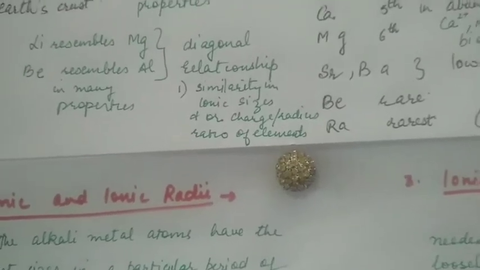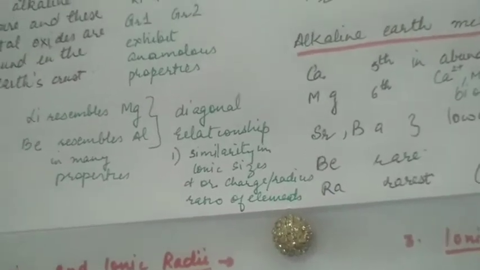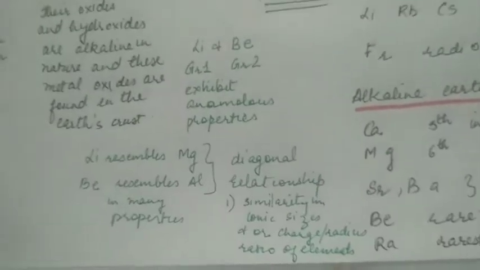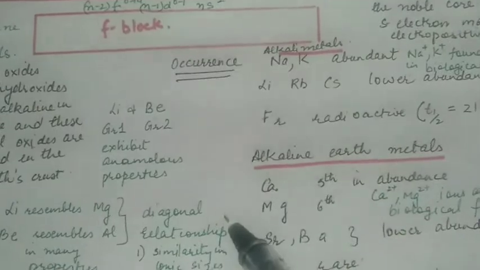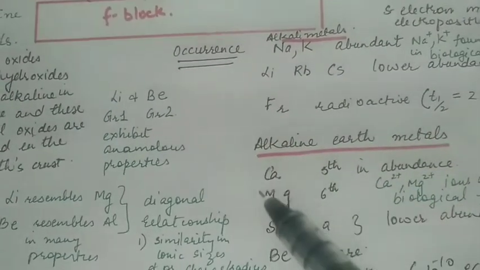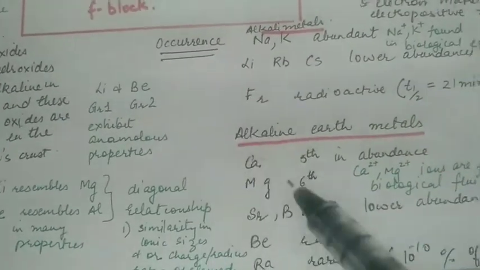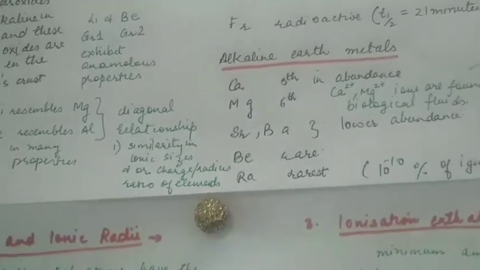Because of opposing trends along a period, as we move from left to right, the radius decreases. As we go down, the radius increases, so diagonally it becomes more or less the same, so there is similarity in properties.